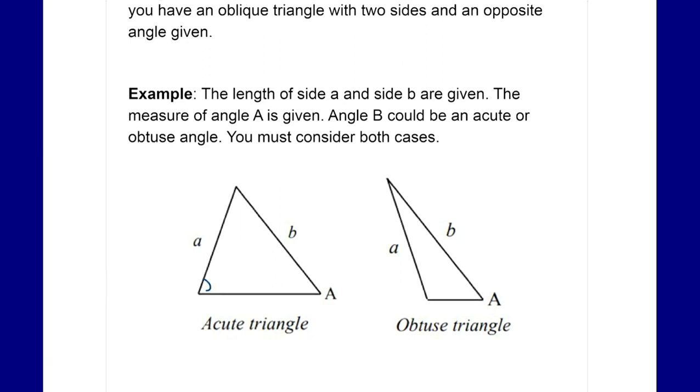Depending on the scenario, it could be either of these two cases. We don't know. There's not enough information given for us to determine that, so we would have to consider both situations.